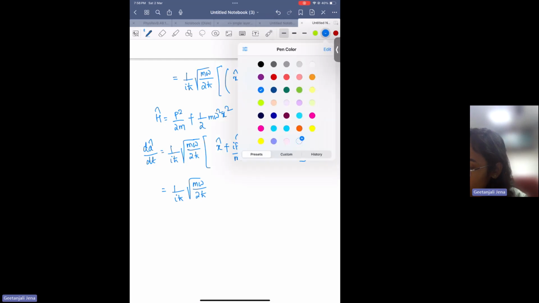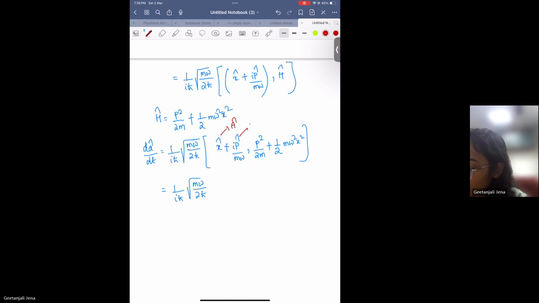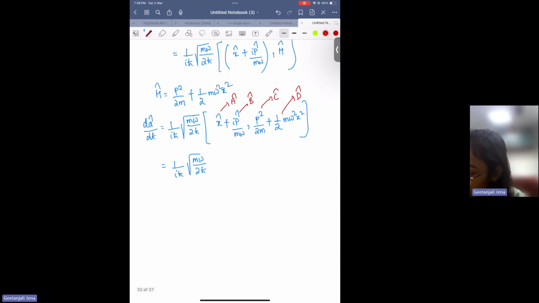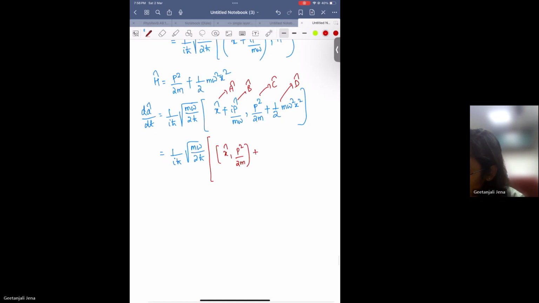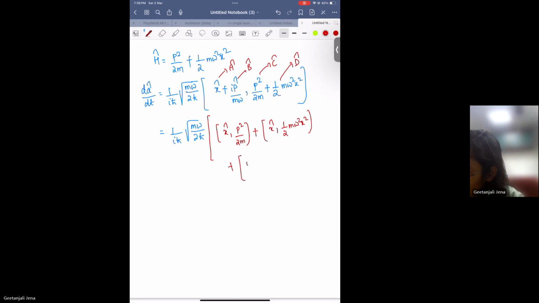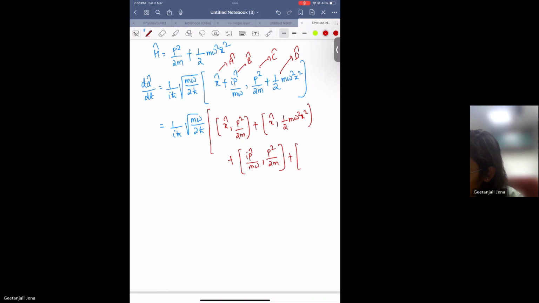Write it in terms of A, B, C, D. So the commutation relation of this is: x with p squared by 2m, plus x with half mω squared x squared, plus ip by mω with p squared by 2m, plus ip by mω with half mω squared x squared.